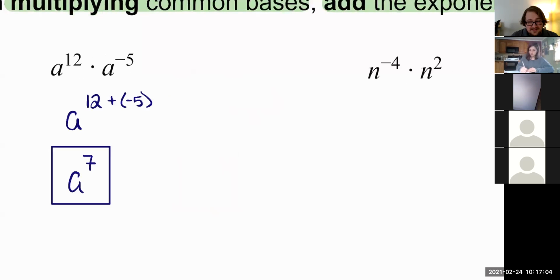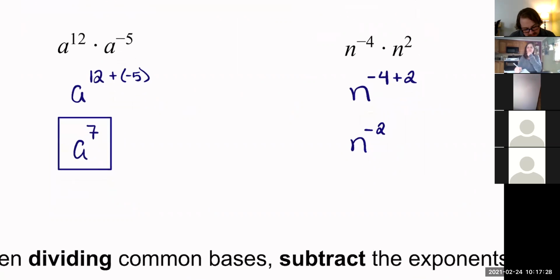Sometimes they do not. So on this next one, common bases again. So we have n to the power of negative 4 times n to the power of 2. Because those common bases are being multiplied, we would add their exponents together. Negative 4 plus 2 is going to give me a negative 2. And then I grumble a little bit and say, ugh, I really don't like negative exponents.